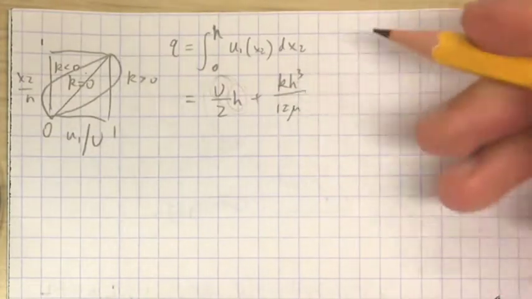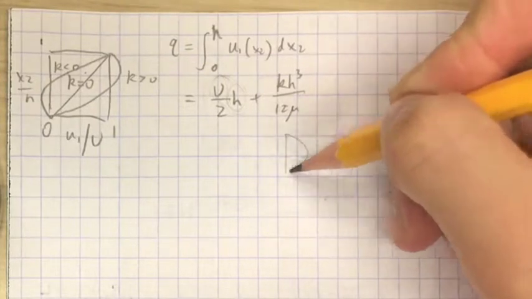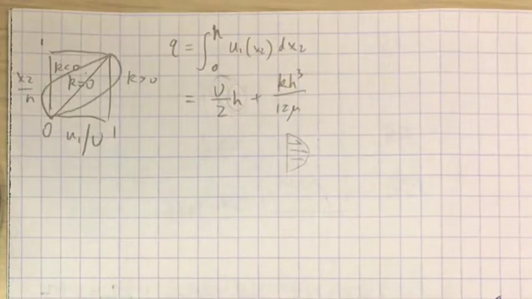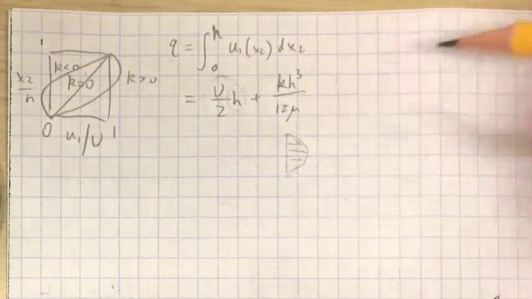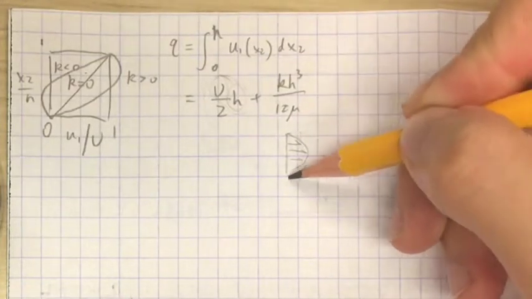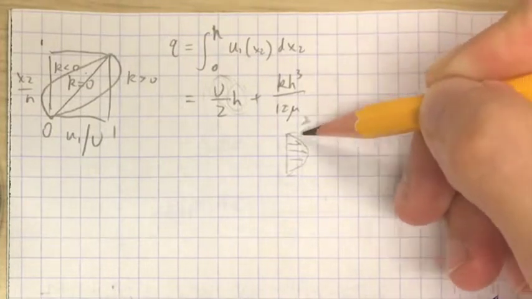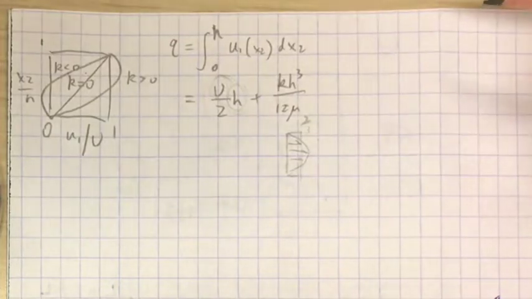For the Poiseuille flow, we know that the pure Poiseuille flow itself is a parabola. And what's the average velocity of a parabola? I can tell you. The mathematical result is 2/3. It's 2/3 of the max velocity.